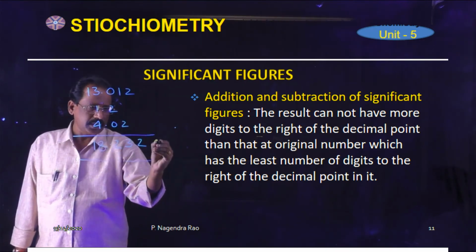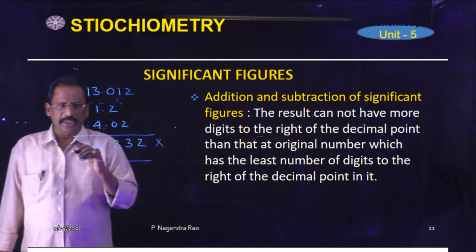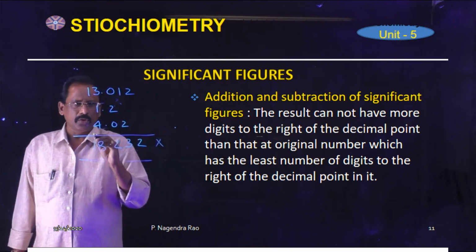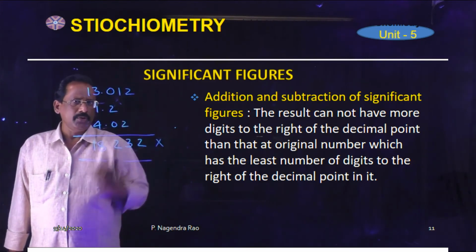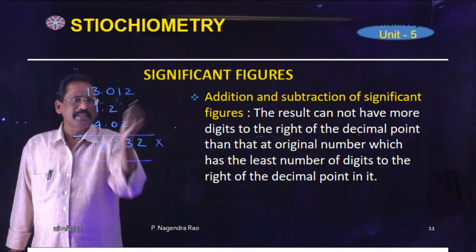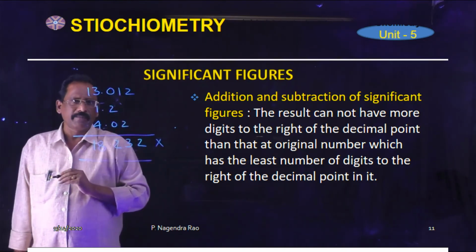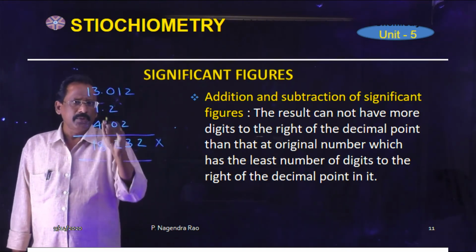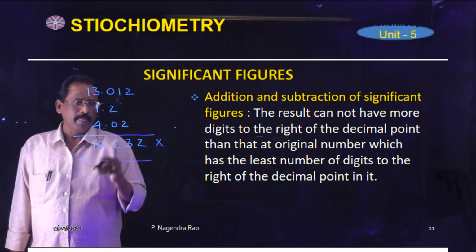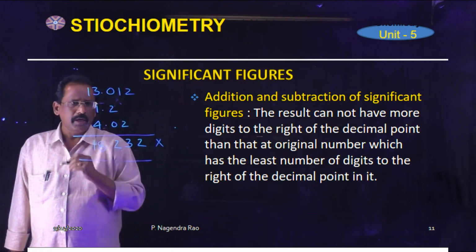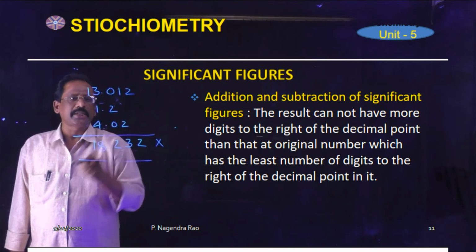But this is not the correct answer according to the significant figures calculation rules, because in these three values, after the decimal, in the first value there are 3 digits. In the second value, after the decimal point there is only 1 digit, and in the third value after the decimal point there are 2 digits.